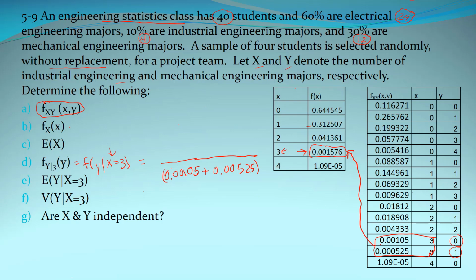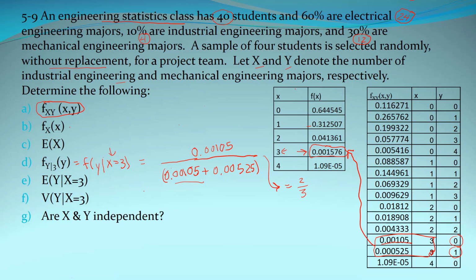Let's see, that's this probability right here. So within that whole world of x is equal to 3, the probability that y is equal to 0 is going to be 0.00105, same number as we've got down here, no surprise. And if you figure that number out, that ends up being 2/3.